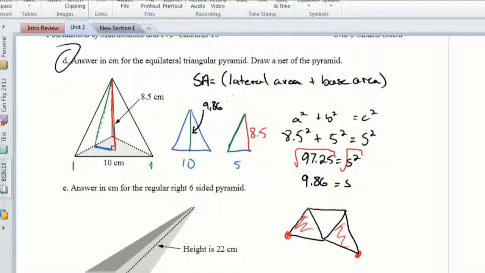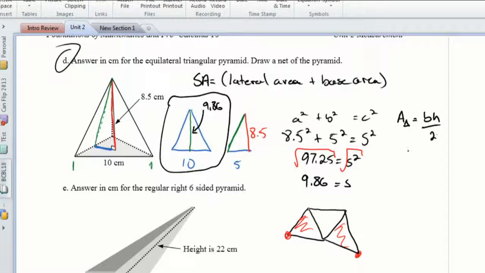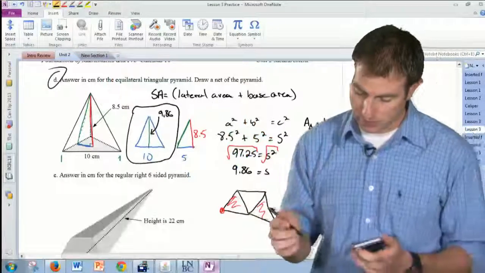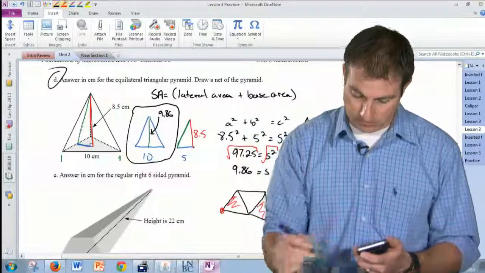Now, I have 3 of these faces. Just put that in a box, you know what I'm talking about. I'm going to find the area of that. The area of the triangle is going to be base times height divided by 2. I know the base is 10. The height is 9.86. I'm going to divide that by 2. So I get 49.3. Now that gives me one face, and I have 3 faces, so I'm going to have to multiply that by 3.